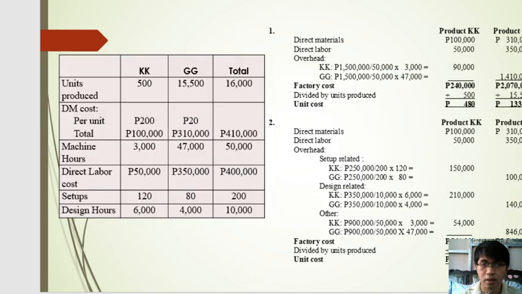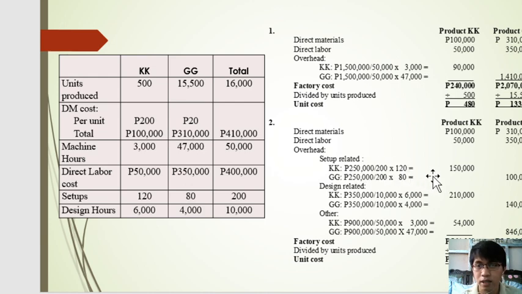So, let us look at the solution. This is the problem. That was earlier for requirement number 1. This is for requirement number 2. So, direct material for KK, 100 plus 50. Overhead setup related. Did we do it correctly? Yes. What they did here is 250,000 divided by 200 times 120.